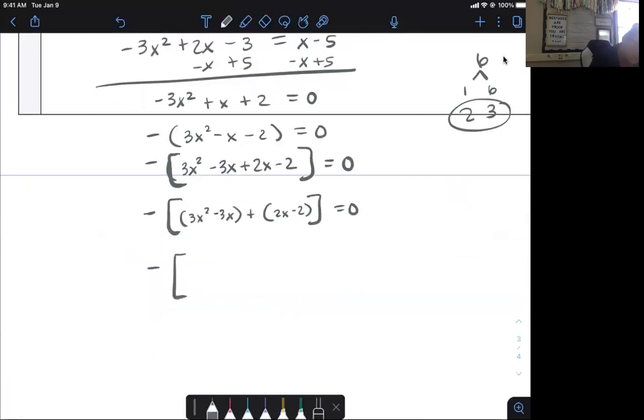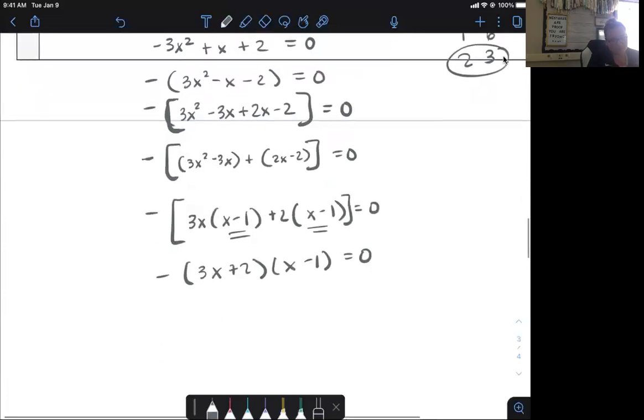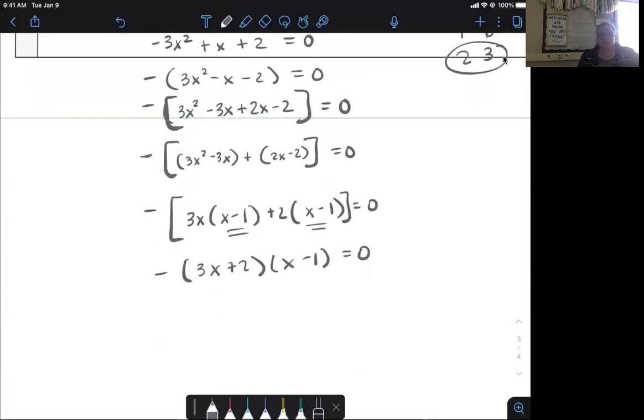We can factor out a 3x from the first two. We can factor out a 2 from the second two. And I have x minus 1 in both of these parentheses. So it factors to 3x plus 2 times x minus 1. So then what makes each of these factors 0?